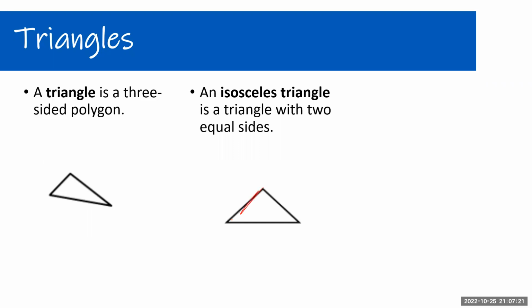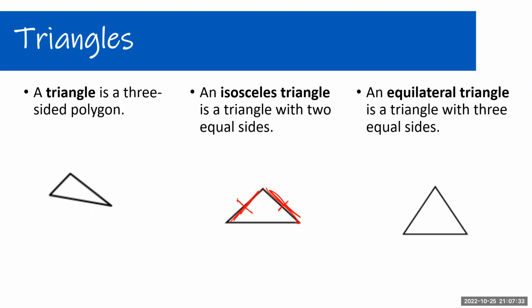So in this one, we have this one being equal and this one being equal, okay? And a lot of times we'll mark the equal sides like that. If we show a line, the ones that are marked with identical markings are equal length. An equilateral triangle, on the other hand, has three equal sides. So we sometimes see it marked like that. That means that all three sides have equal length.